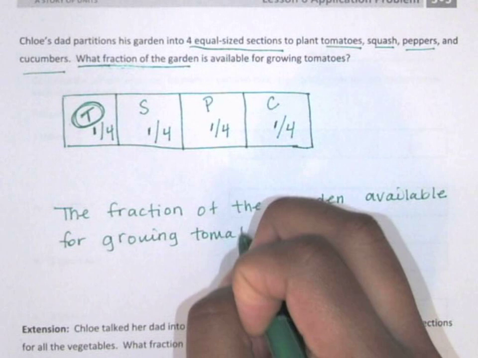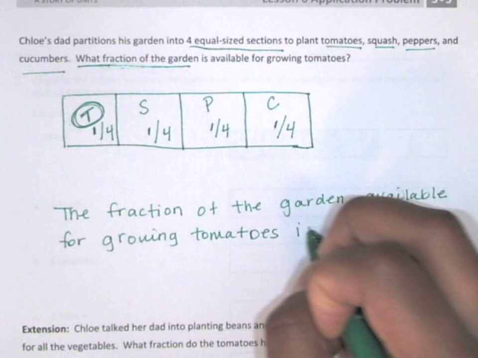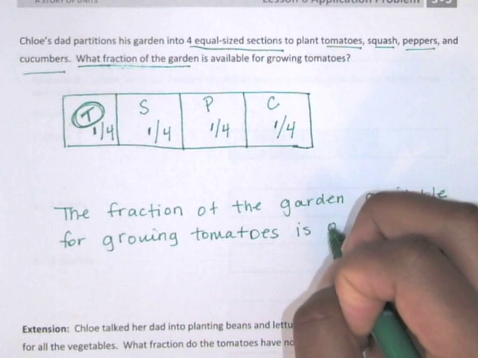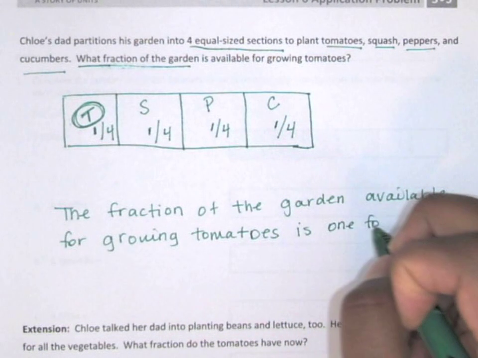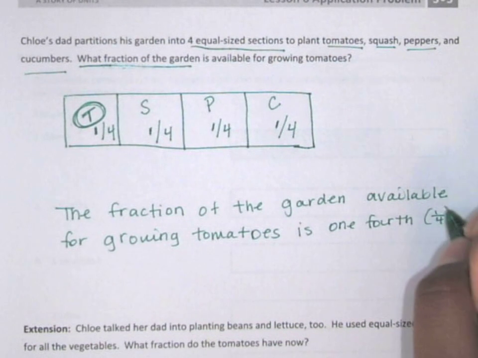Tomatoes. Good job. Is 1/4, or you can write 1/4.